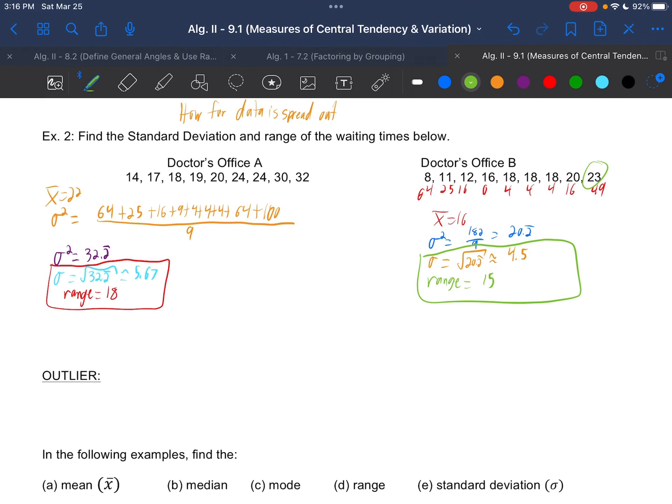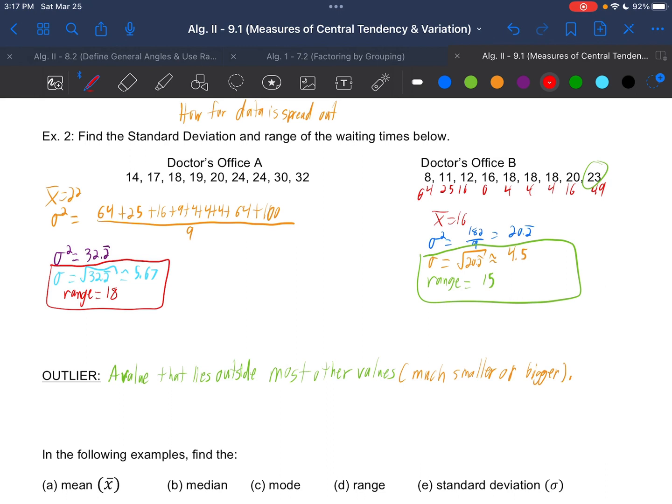So let's talk about outliers. An outlier is a value that lies outside most other values. That means that mathematically it is much smaller or bigger than most of those other values.